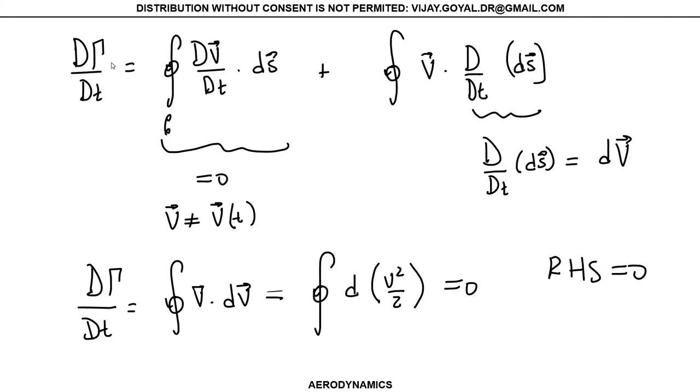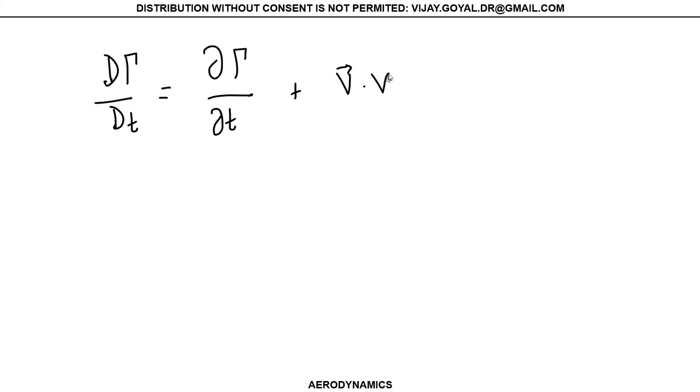Let's work with the left hand side. Using our differential, this is the same as the substantial derivative of any quantity. This is the partial with respect to time plus the velocity dot the gradient of gamma, and the time part is equal to 0 because gamma is not a function of time.